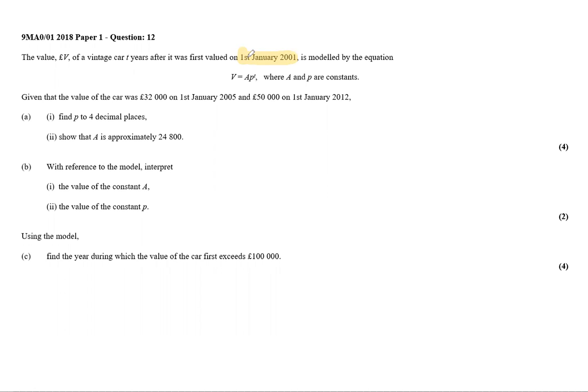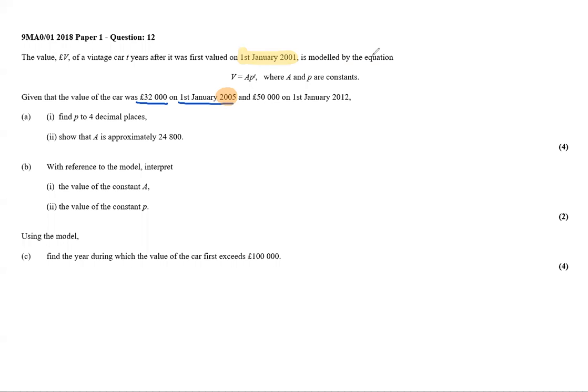Now we're given some information which is essential if we're going to figure out what these constants are. We're told that the car was £32,000 on the 1st of January 2005. Please pay close attention to this. 2005. Now, the initial valuation was 2001.